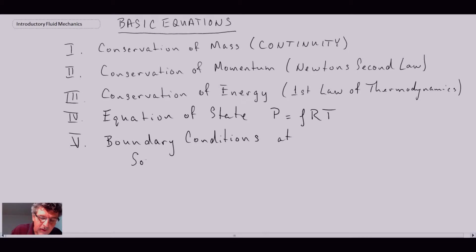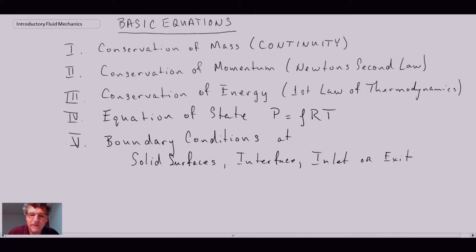So it could be solid surfaces, as we saw with the no slip. It could be an interface between fluids. It could be an inlet or exit. So we have a lot of different types of boundary conditions, and we need to know the conditions of those boundary conditions.